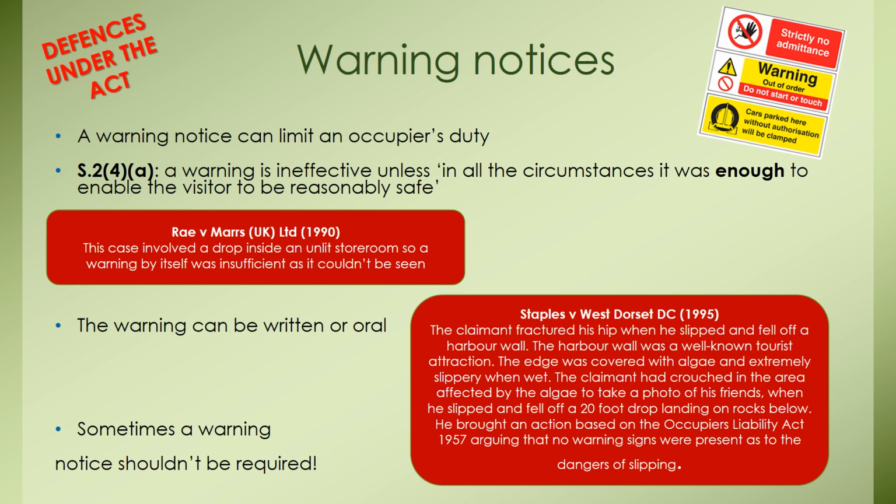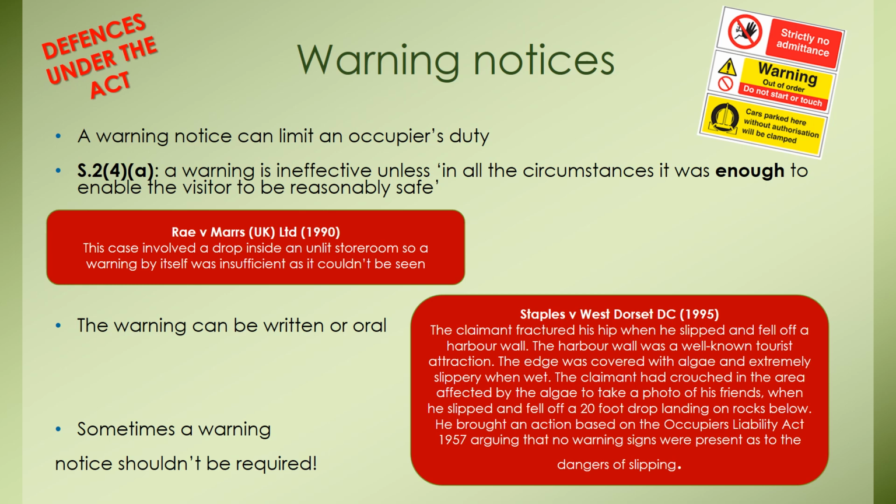So an action was brought arguing that no warning signs were present as to the danger. But actually, because this was such a well-known tourist attraction, this claimant should have been aware of the danger. And if we think back to the common duty of care, common sense would dictate that this would be a dangerous thing to do. So therefore, the council was not liable in this case.